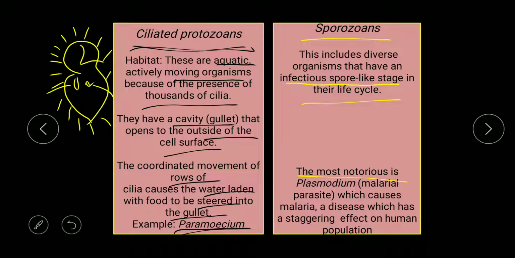The most notorious is Plasmodium, which is a malarial parasite that causes the disease malaria, which has a staggering effect on the human population. So Plasmodium here is a type of sporozoan which causes malaria. In slime mold we also studied plasmodium, but that plasmodium is a structure which grows over several feet.